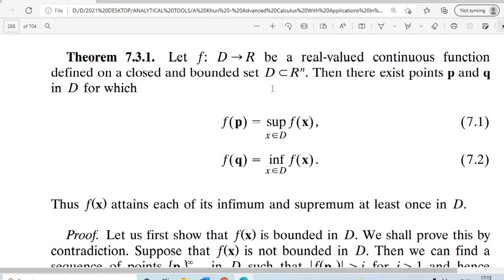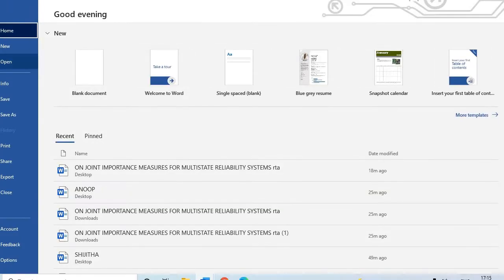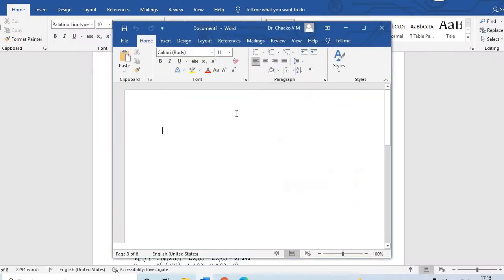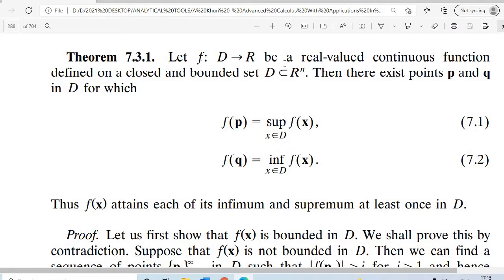Next, we will prove the result. You should listen carefully and understand the steps. Let f from D to R be a real valued continuous function defined on a domain in n dimensional space, with range a univariate space, defined on a closed bounded set.